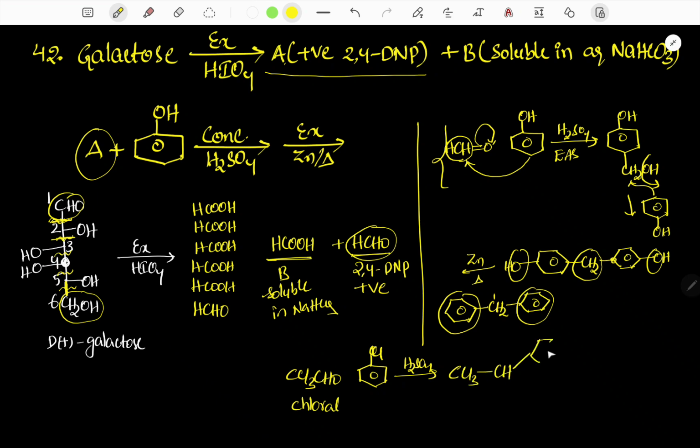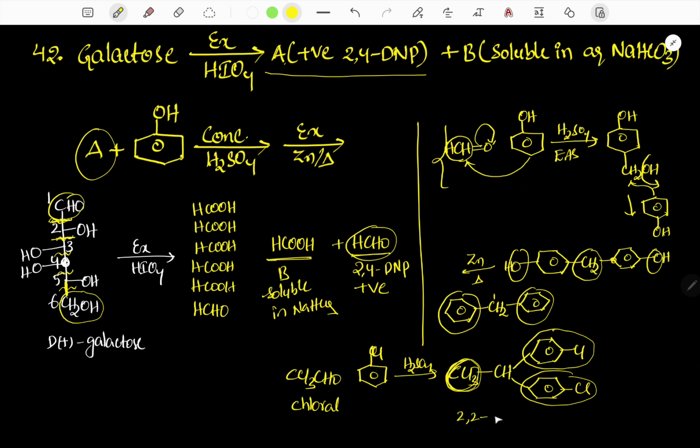First time EAS and second time EAS. One of the important reactions. So this compound name is dichlorodiphenyl trichloroethane.